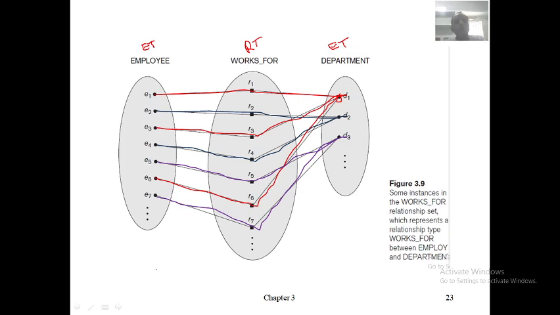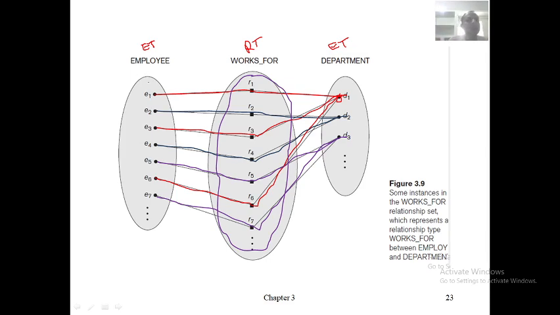Got it? So this is an example of how the instances in the works for relationship set are related. What is this? This is the relationship set. What are those relationship sets? R1, R2, R3, R4, R5, R6, R7 are the relationship sets.